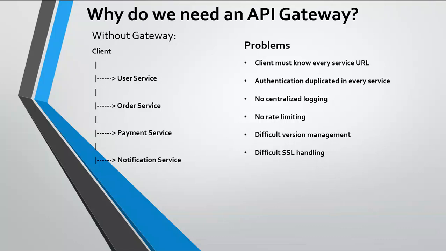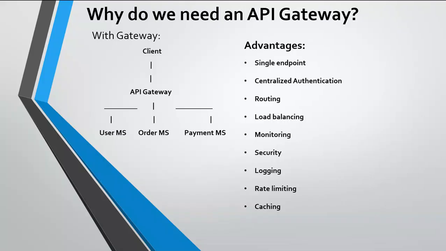And version management will also be difficult, because each service will have a lot of versions, and managing those versions will be very difficult. Those things we can do in the API gateway, and SSL handling will also be difficult without the gateway layer. So what will happen is client, then API gateway, then it goes to the other services. And what advantages will we get here?